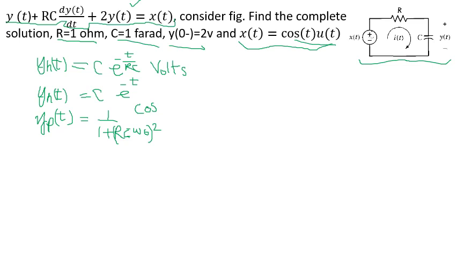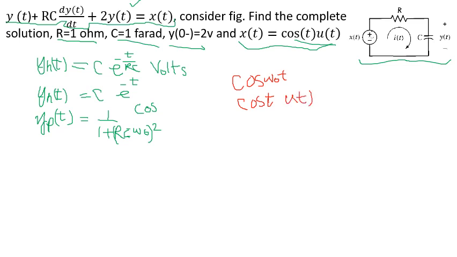The input there was cos of omega naught t, whereas now we have cos of t times u of t.